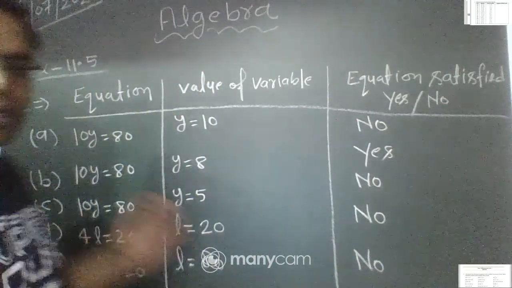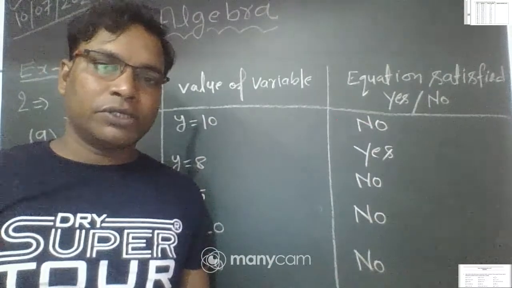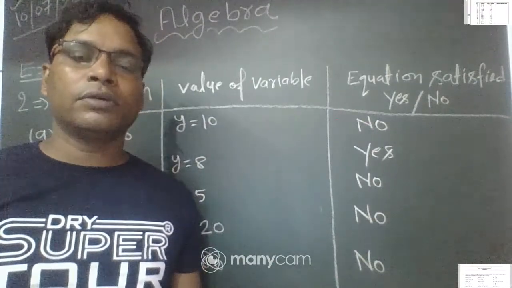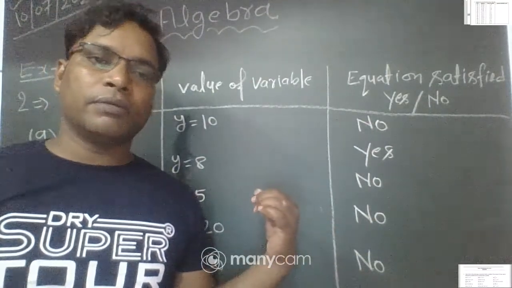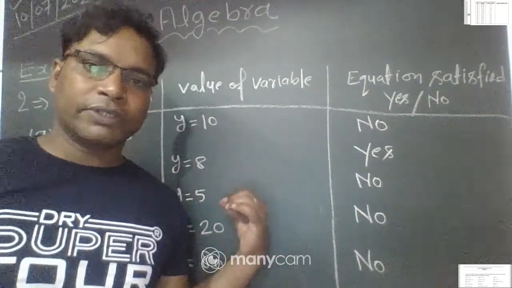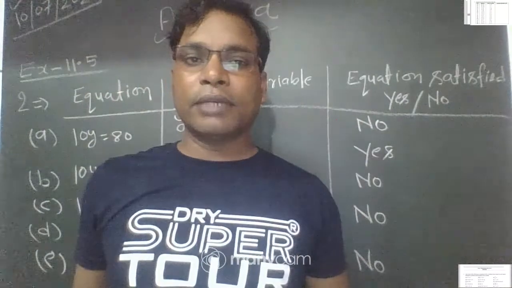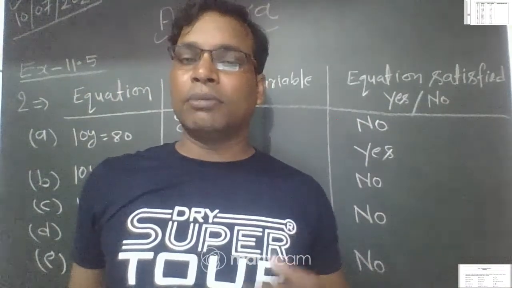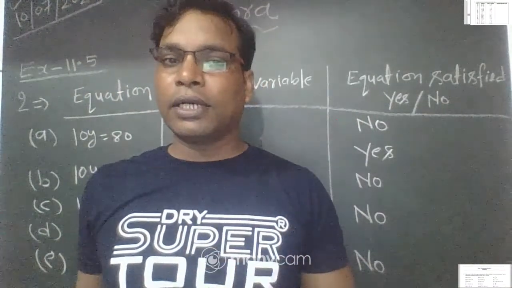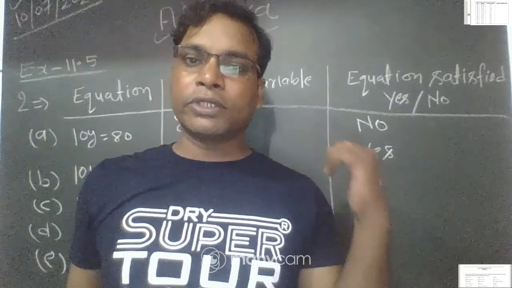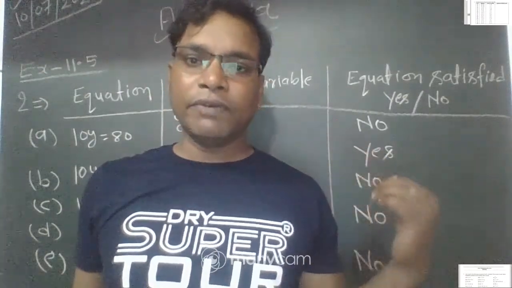So students, I hope all of you understood how to put the value of the given variable in this equation and how we can check whether the value of the given variable satisfies the given equation or not. If they are satisfied, we write yes in the third column.